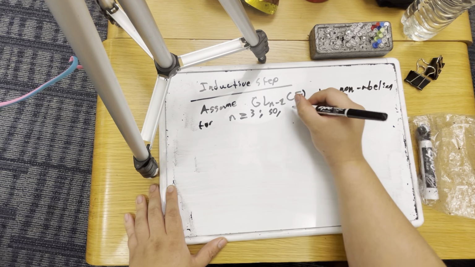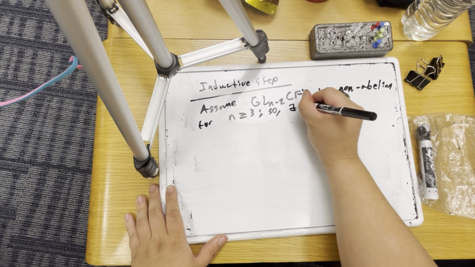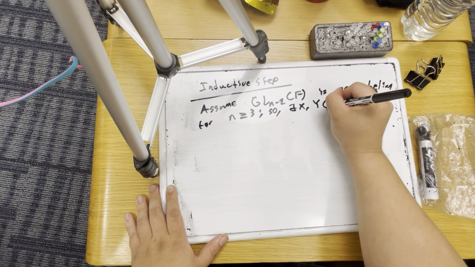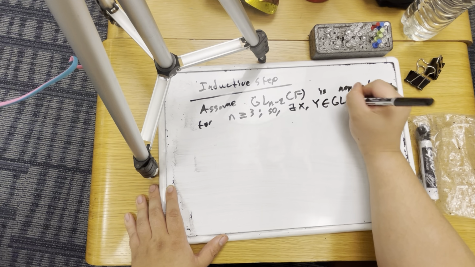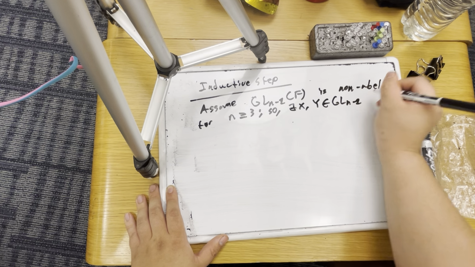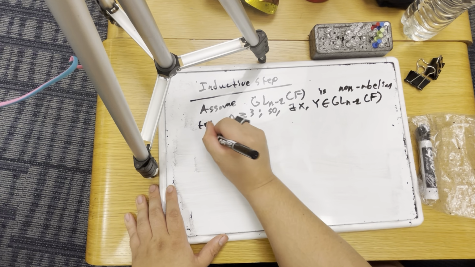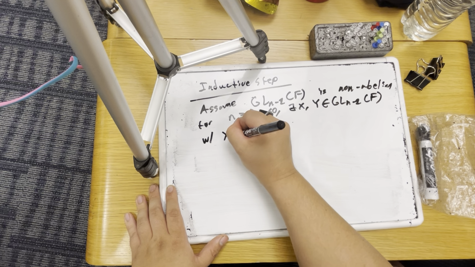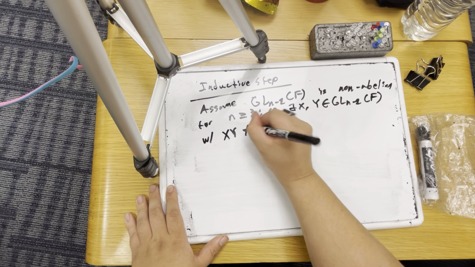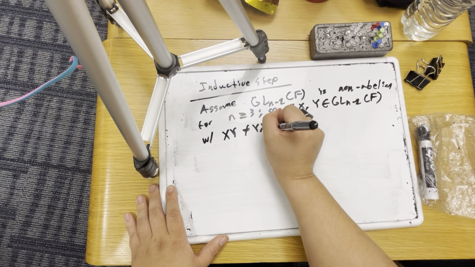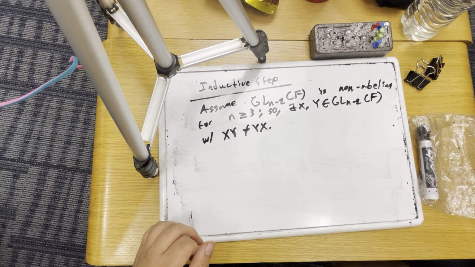So there exist x, y within the general linear group with degree n minus 1 over F with xy not equal to yx. That's our inductive hypothesis.